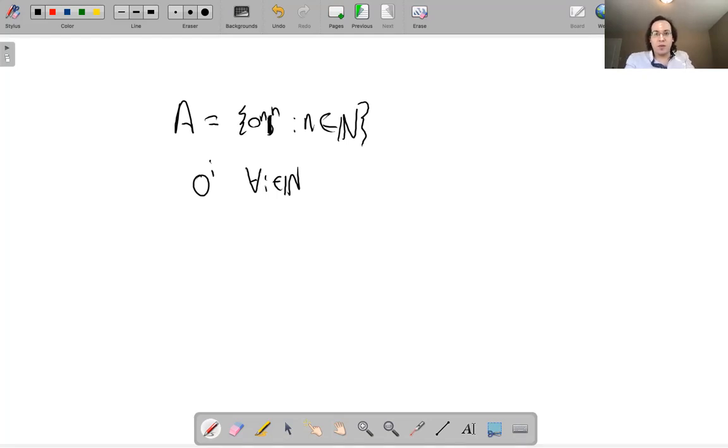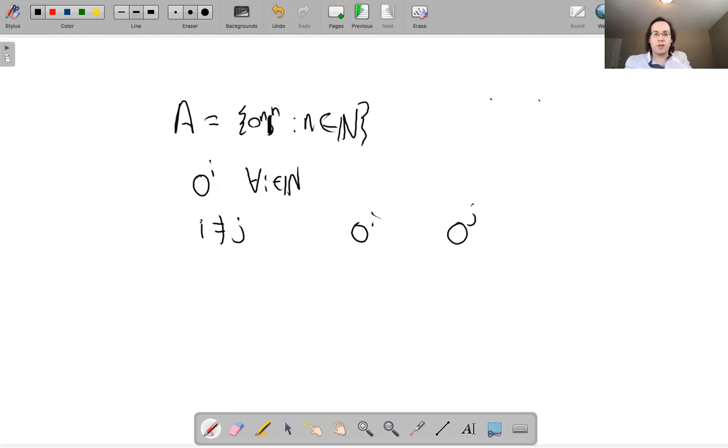So let's pick two of them. Let's pick i not equal to j, and we look at 0^i versus 0^j. And we want to show they're not equivalent. So that means we want to find a distinguishing extension z.